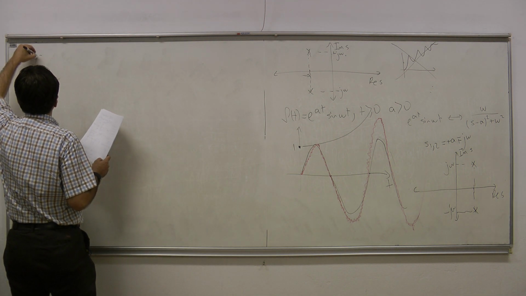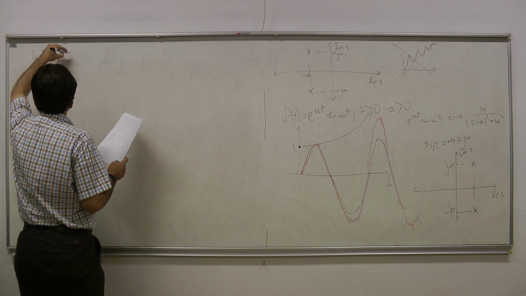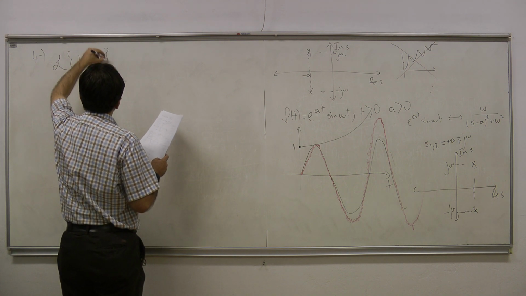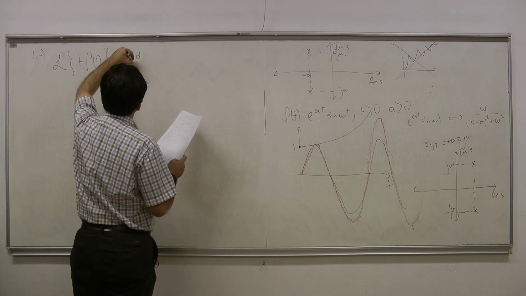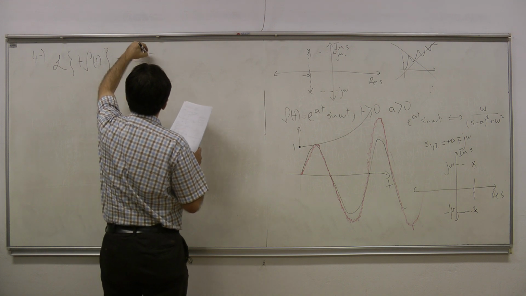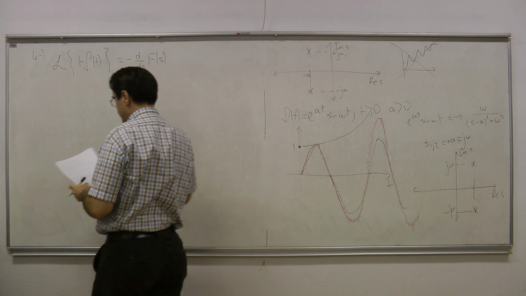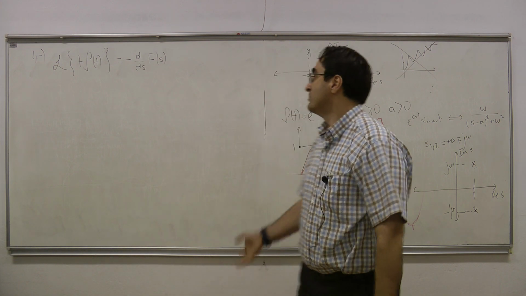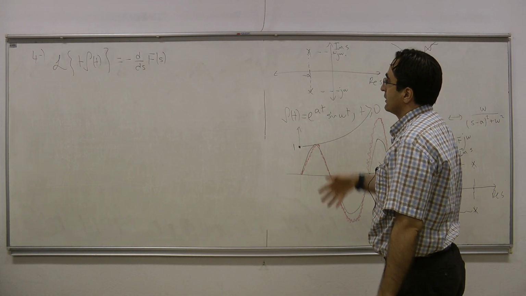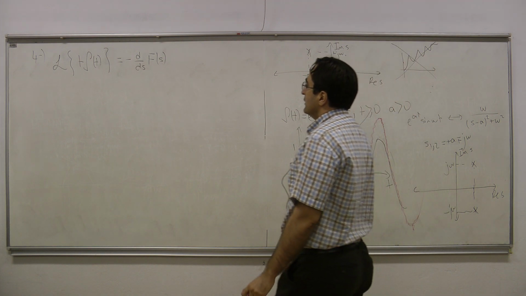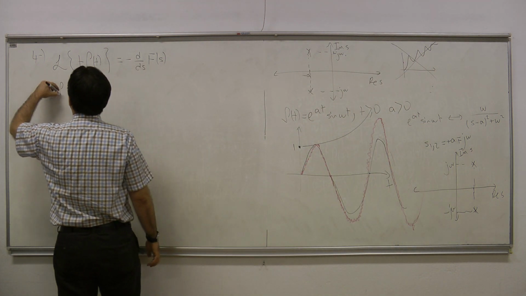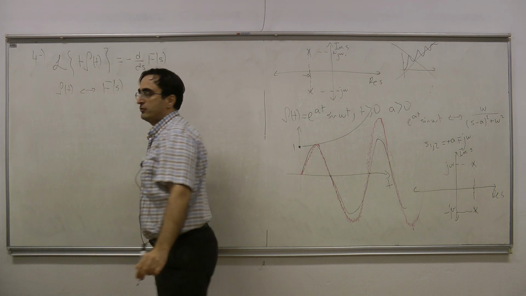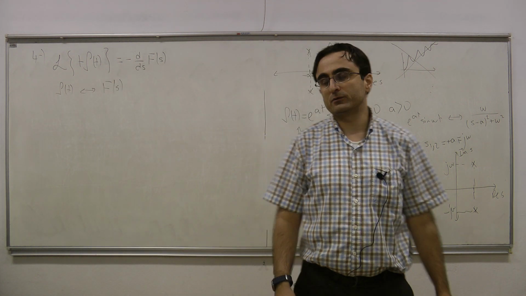So the fourth property tells us that Laplace transform of t times f of t is equal to minus d over ds, capital F of s. Okay? First, I will try to make you understand what this property is saying. So in this case, again, I have the function f of t and the Laplace domain function, capital F of s.